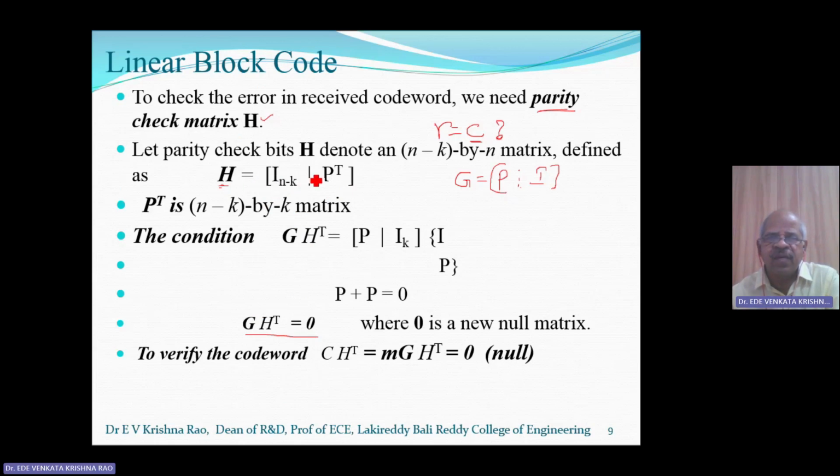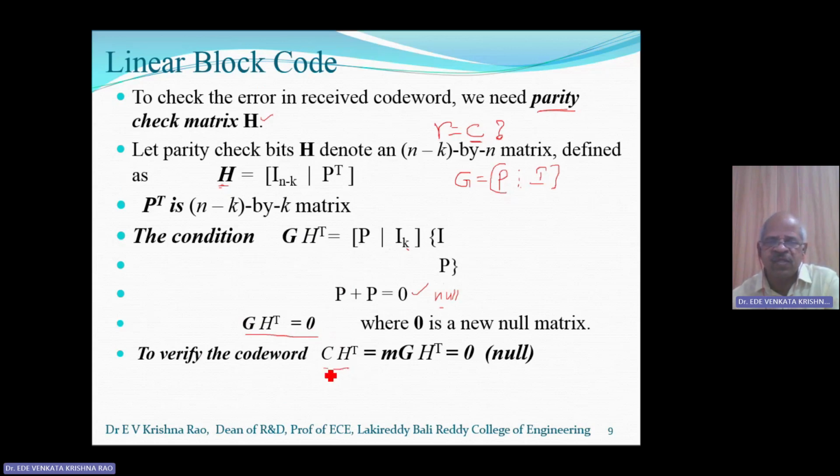Then G H transpose is P and I multiplied with the transpose of H, I and P. This multiplication gives P into I plus I into P, that is P plus P, and this modulo addition becomes 0, that is null. So G H transpose equals 0, the null condition.